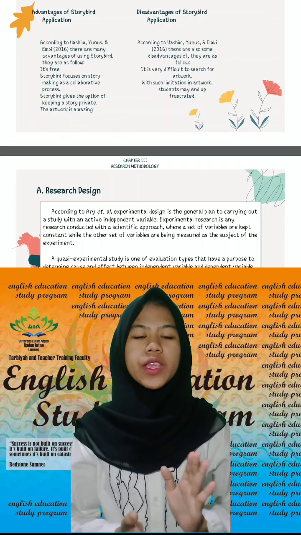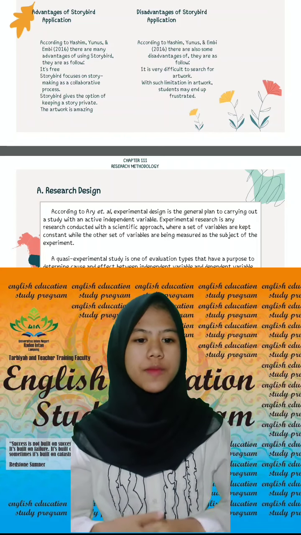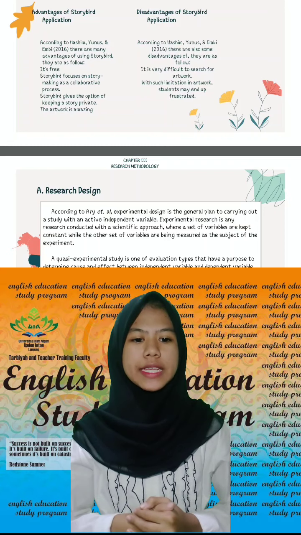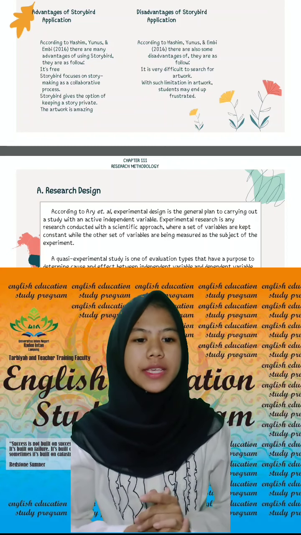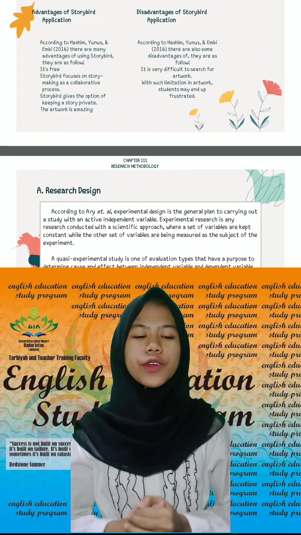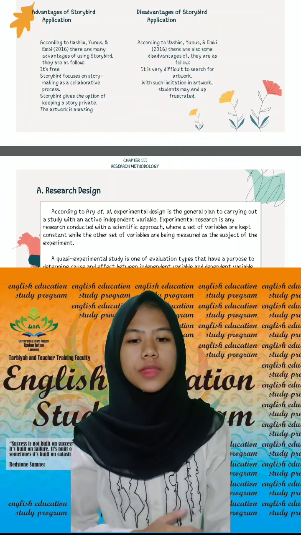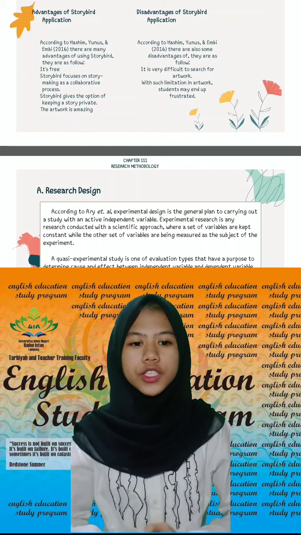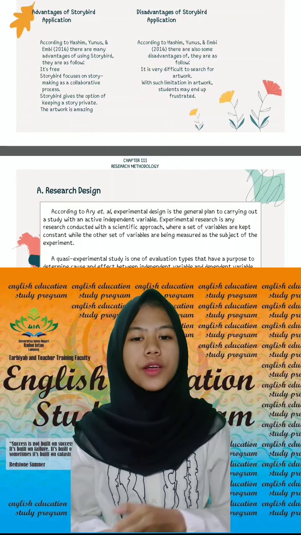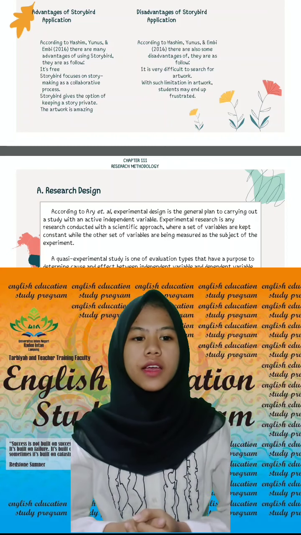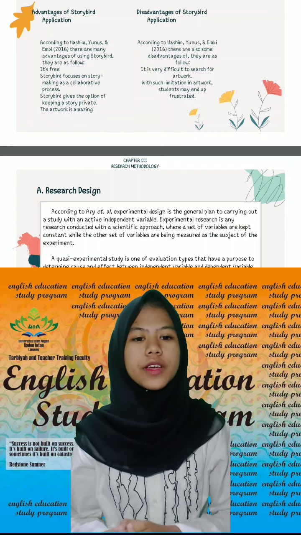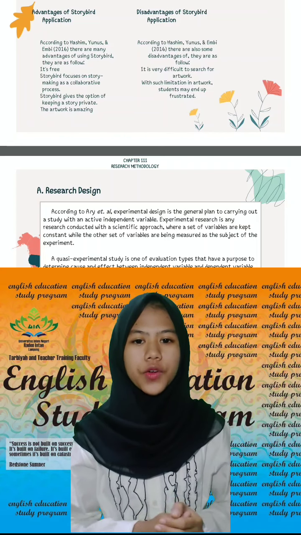The next is Storybird focuses on story making as a collaborative process. The website makes the process of collaborating or taking turns very easy. It allows the teacher, students, friends, and family to edit and help the author throughout the story.